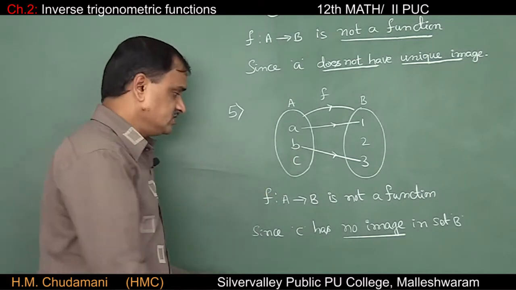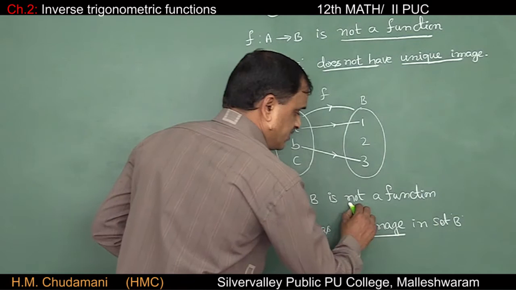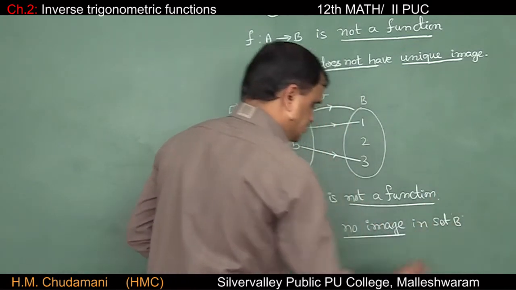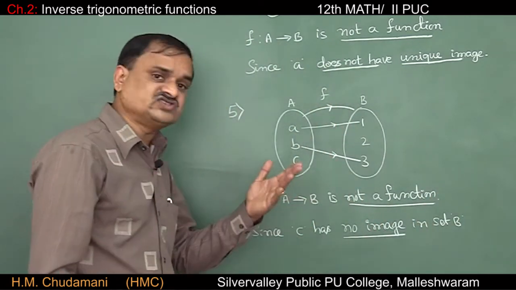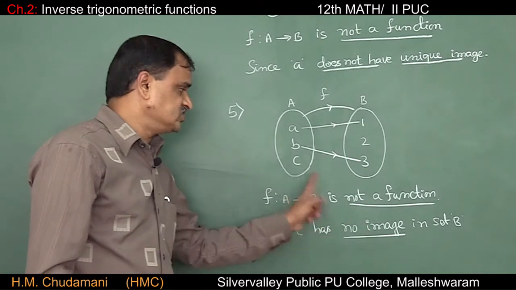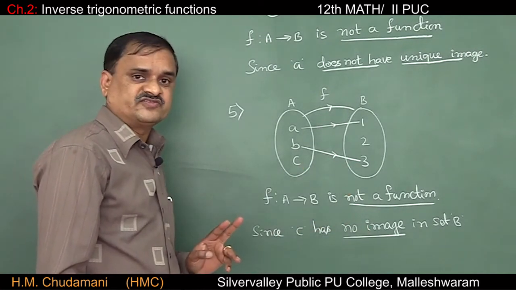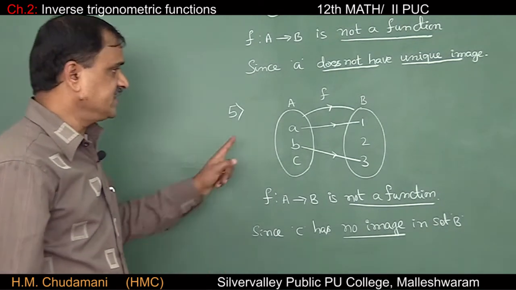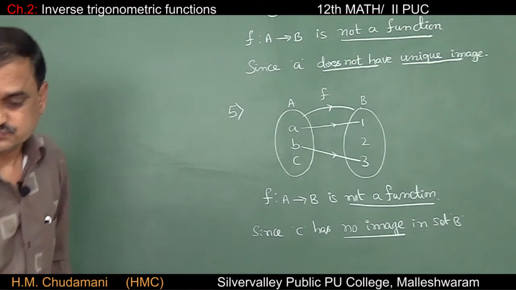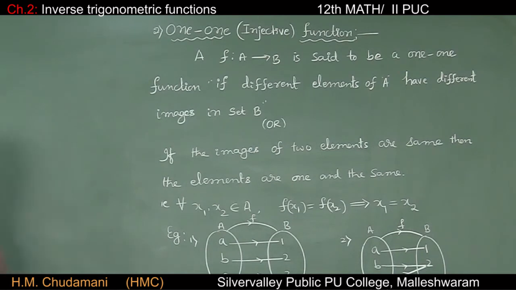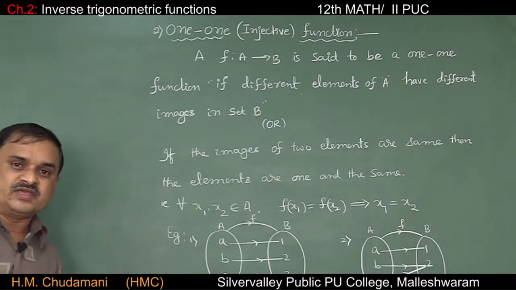That's why F from A to B is not a function, since C has no image in set B, isn't it? That's why it is not a function. So now we understood what we mean by function.